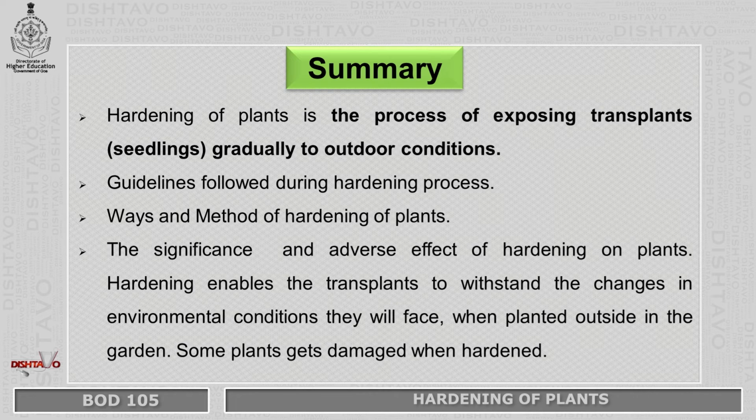The plants can be hardened by slowly decreasing the supply of water or gradually decreasing the temperature or gradually increasing the sunlight. The plants can be also hardened by supplying or treating them with sodium chloride or spraying them with the psychocell. The significance and adverse effect of hardening on plants you have also studied.